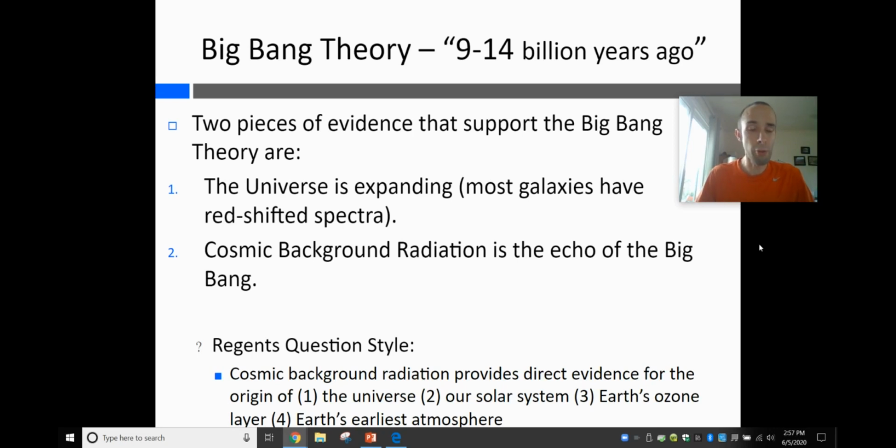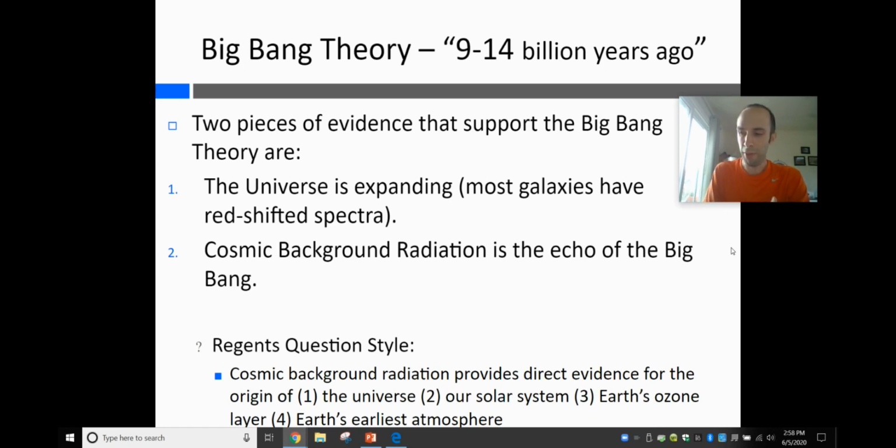Now, one evidence for that is this idea of redshift, so the concept that we talked about in this video. The other evidence for this is this detection of what we call cosmic background radiation, or CBR. It's really what we could say the echo of the Big Bang, and what we detect in every point, wherever we point our detectors, we pick up this microwave radiation, which is basically an echo of that.